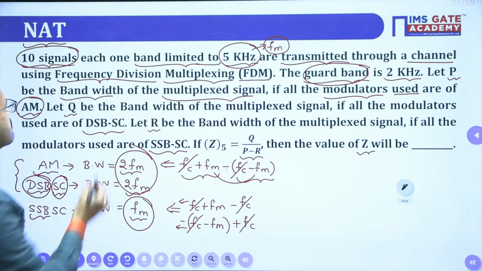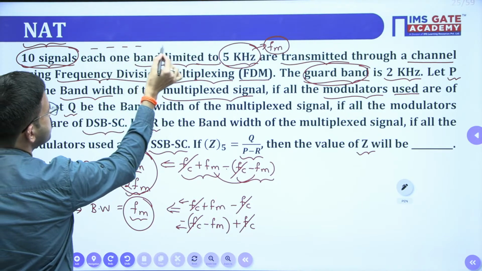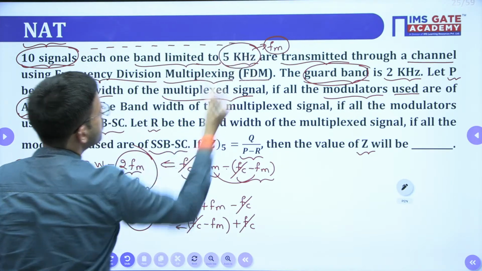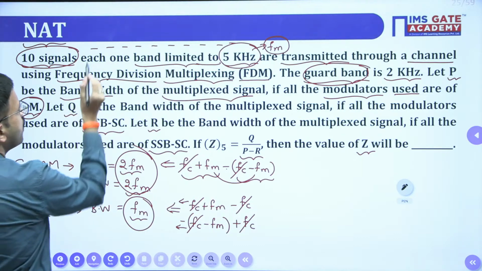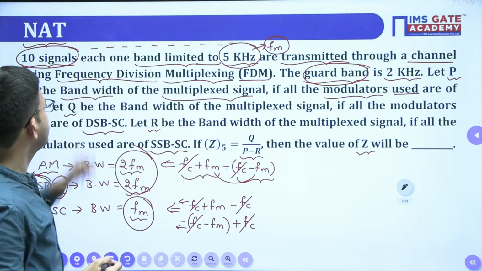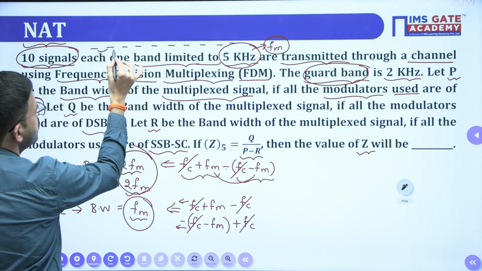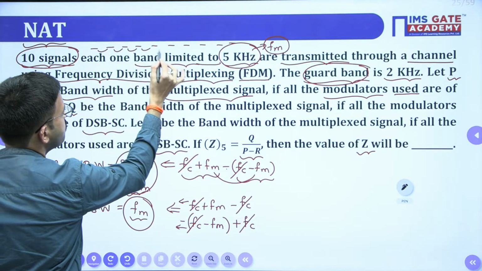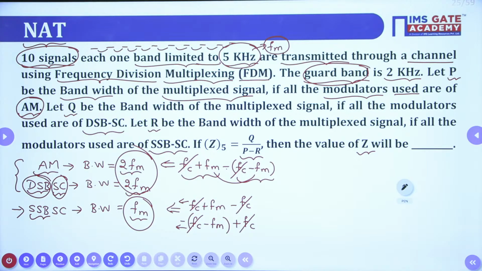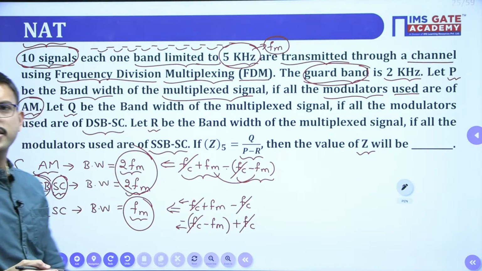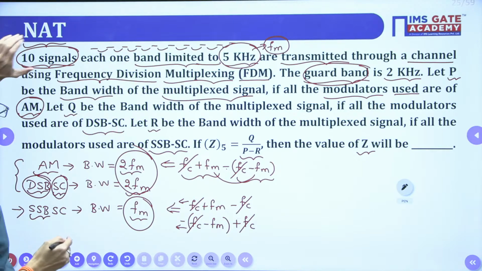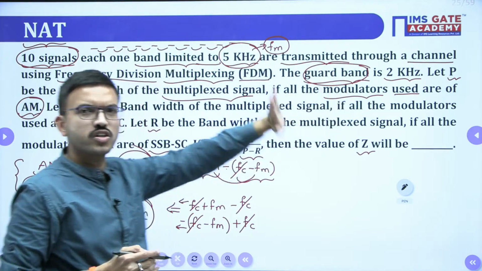If you have 10 signals, 1, 2, 3, 4, 5, 6, 7, 8, 9, 10, how many guard bands do we require? We require only 9. Generally students make a mistake here: since 10 signals are mentioned, they consider 10 guard bands. That is not required.